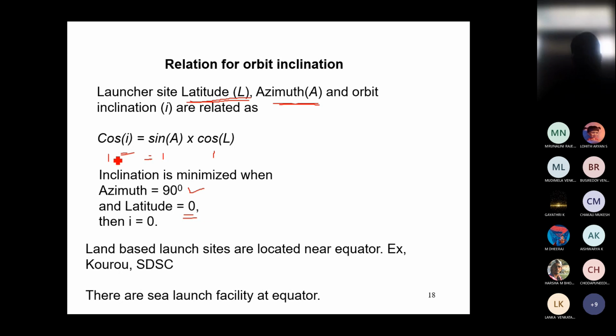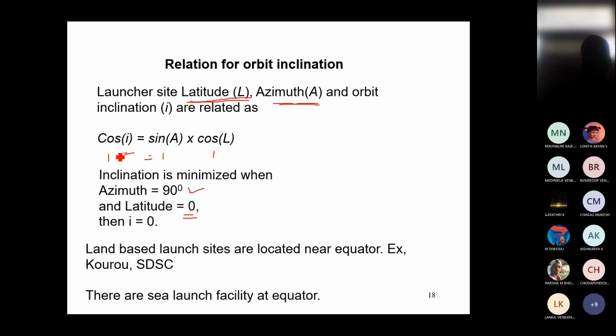That means in this case, the orbit inclination angle is 0 degree. That means what is the orbit? So which orbit are we launching? We are launching to the GEO orbit or geostationary orbit. Okay.